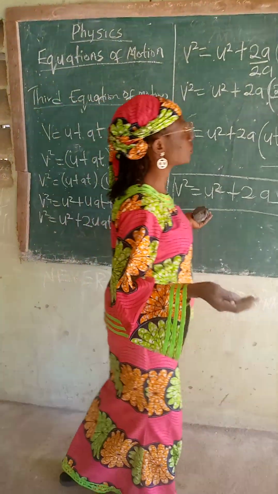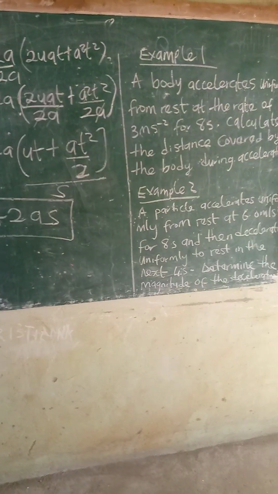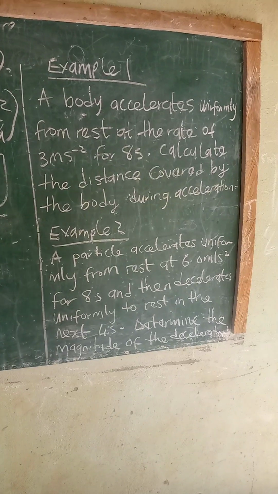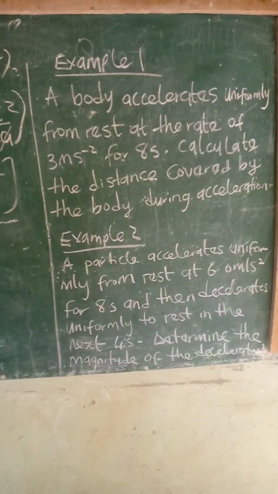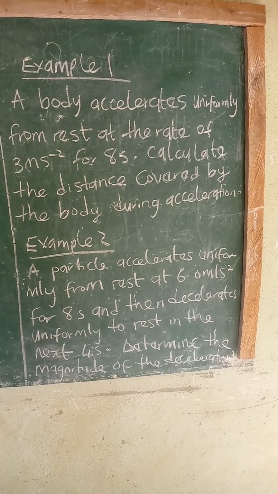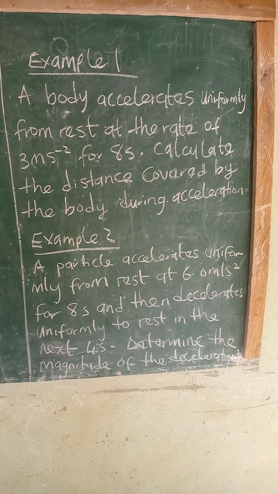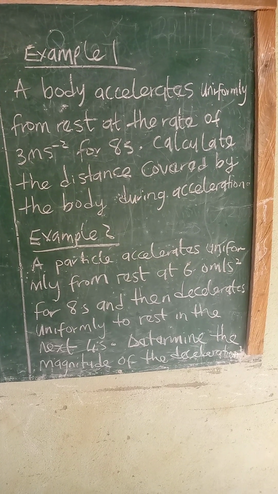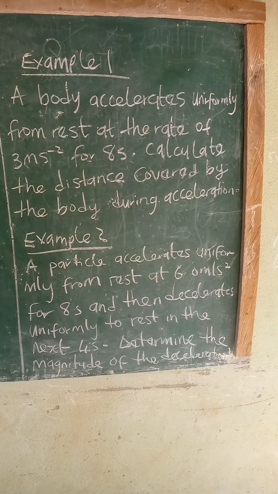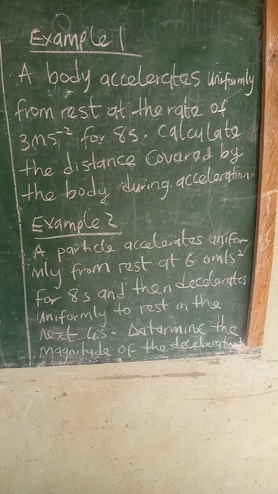I have 2 examples on the board. Let's start with example 1. Example 1 says, a body accelerates uniformly from rest at the rate of 3 meters per second squared for 8 seconds. From rest means the initial velocity is equal to 0 meters per second.